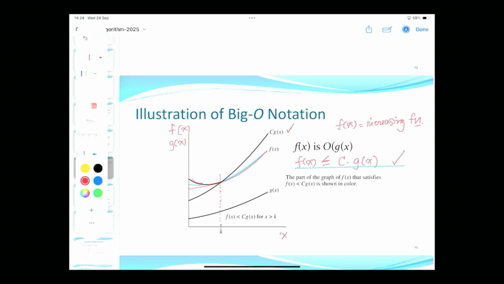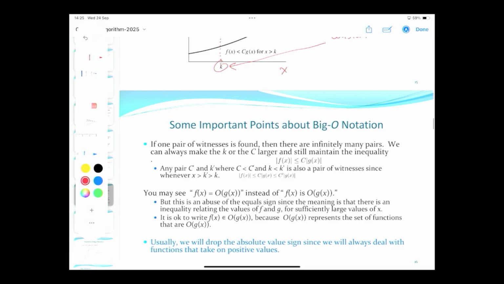That means c times g(x) is greater than or equal to f(x) there, and then we use g(x) as the approximation of the function f(x). So we have the constants c and also k. When x is at least k or more, then this is true. So that is about big O notation.